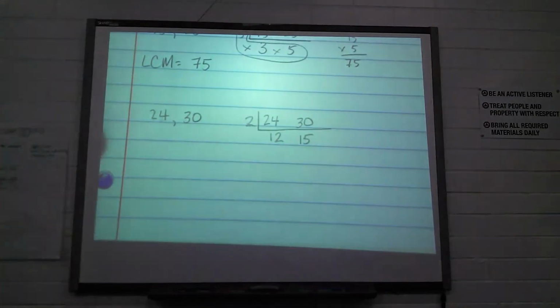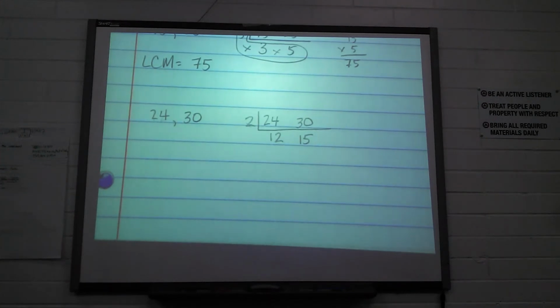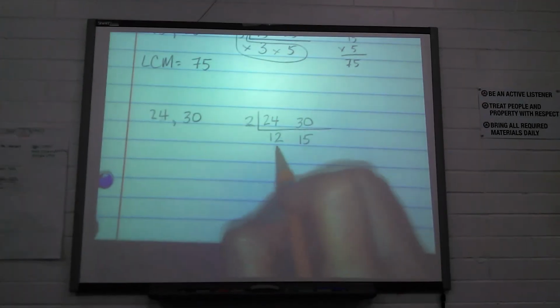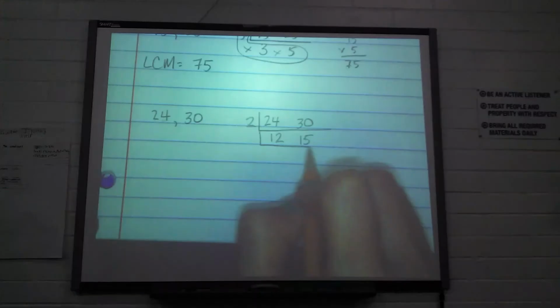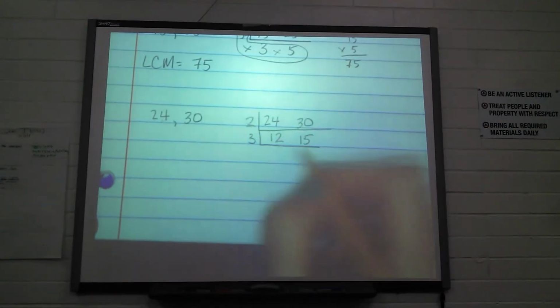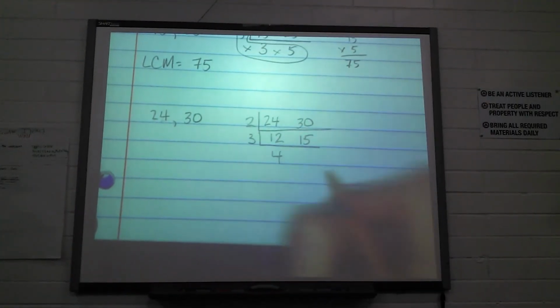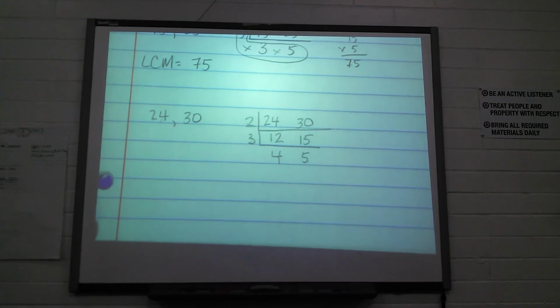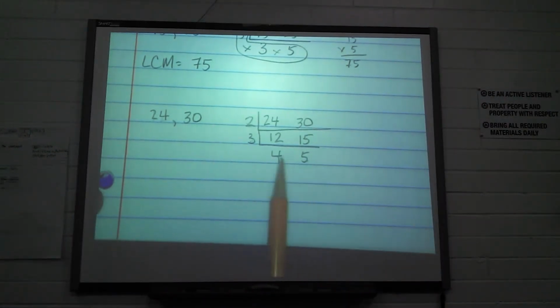Is there a number that goes into 12 and 15? Can 2 go into both of them? No, they're not both even numbers. What about 3? Yes, 3 goes into both of them. 4 times 3 equals 12. 5 times 3 equals 15. And since 4 and 5 are one number apart, I know I am done.